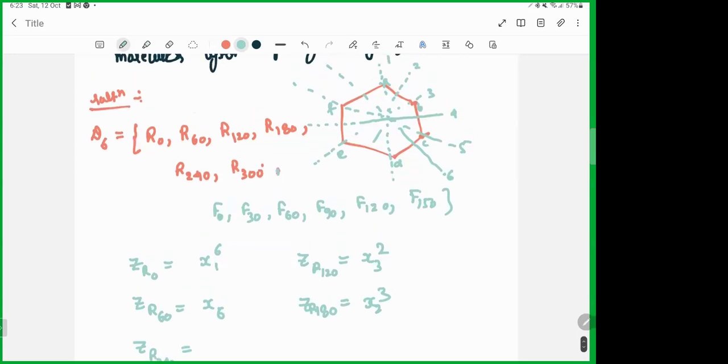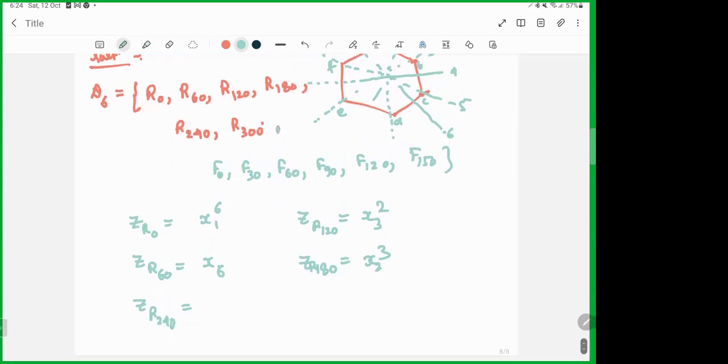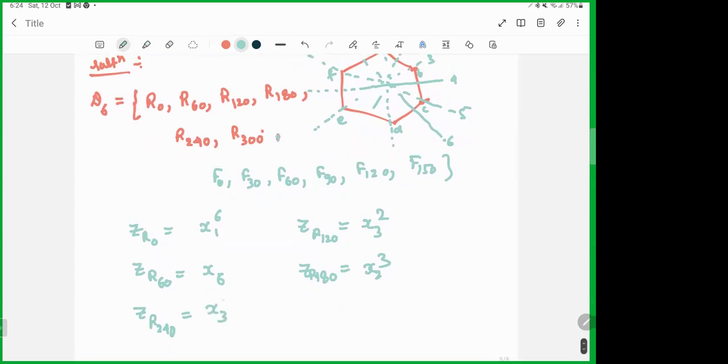So rotation along 240 degrees: if A is going to E, then where will E go along 240 degrees? E will go to C and C will go to A. Yes, we have two three cycles. So x3 squared.